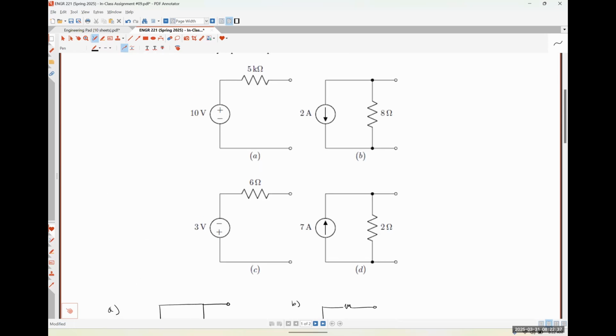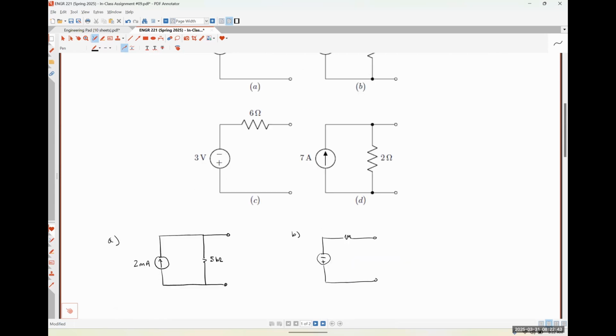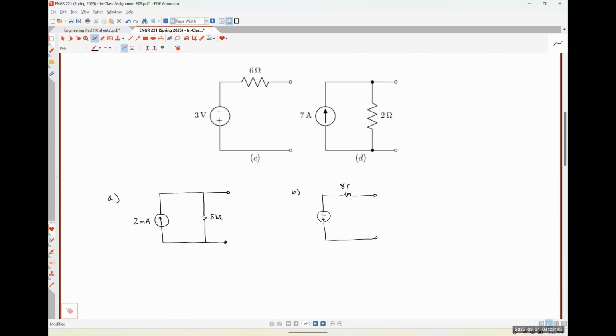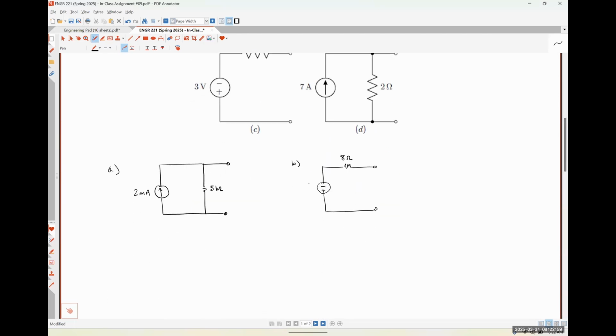Since the arrow is pointed down, the positive polarity terminal of my voltage source will be on bottom. My 8 ohm resistor is going to stay an 8 ohm resistor. So what should the value of that voltage source be in my practical voltage source representation? 2 amps times 8 ohms is 16 volts. Okay. So nothing wild or crazy there.